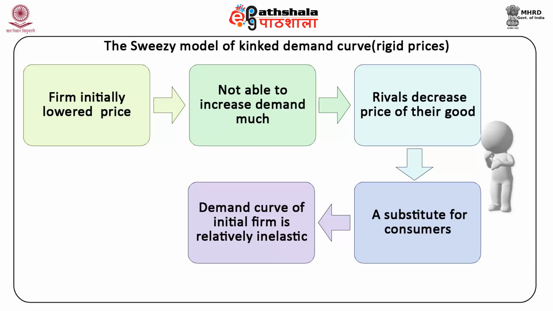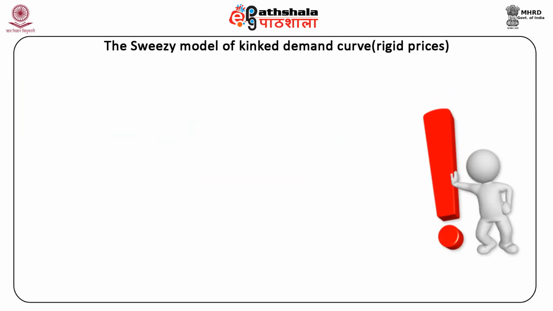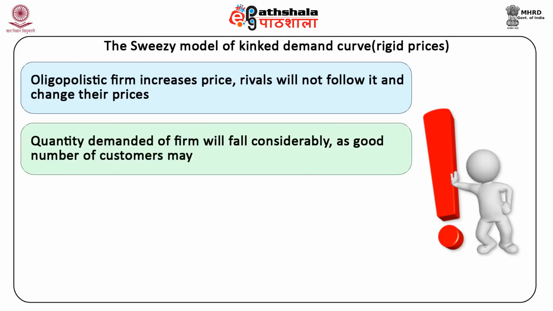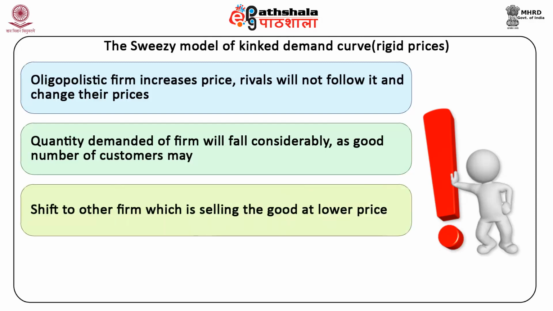Whereas, on the other hand, if an oligopolistic firm increases its price, its rivals will not follow it and change their prices, and thus the quantity demanded of this firm will fall considerably, as a good number of customers may shift to the other firm which is selling the good at a lower price.